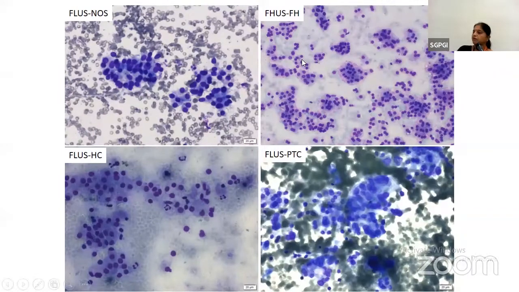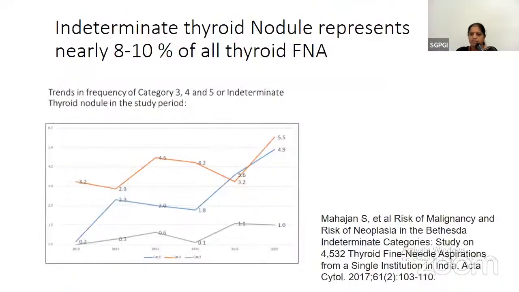That is FH, favor hyperplasia, because it has all these resorption vacuoles, fire flare, etc. Here is a FLUS of the HC type, the Hürthle cell type. And then here is a FLUS where it had microfollicles, incomplete features of PTC, PTC not excluded. So this is how we were practicing, and we continue to do this also, although we do follow the Bethesda.